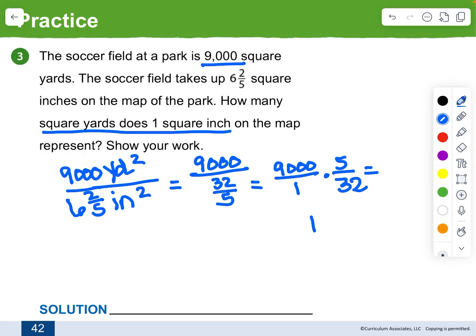Calculator gave me a decimal, 1,406.25, which would be the same thing as 1,406 1/4 square yards for every 1 square inch.